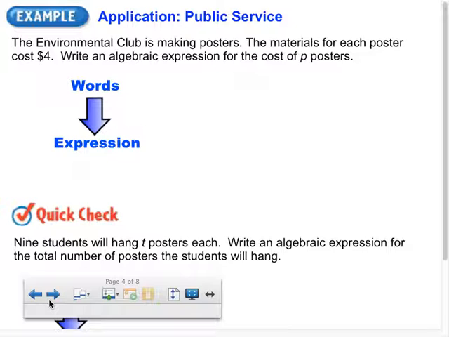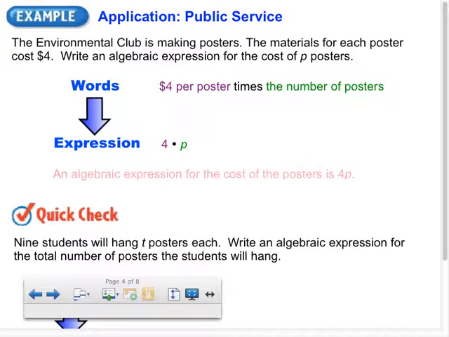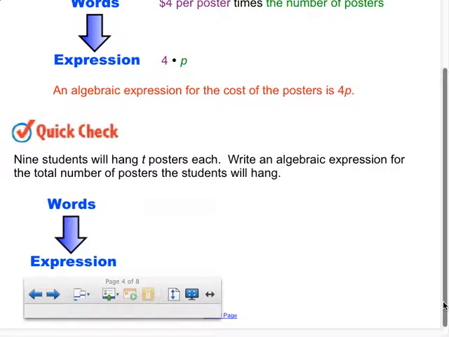Multiplication. I would agree with you. Each poster costs $4. We're going to multiply that by the number of posters, right? Okay, so what would your algebraic expression look like? Right. 4 times P or 4P. We good? Okay, moving right along.